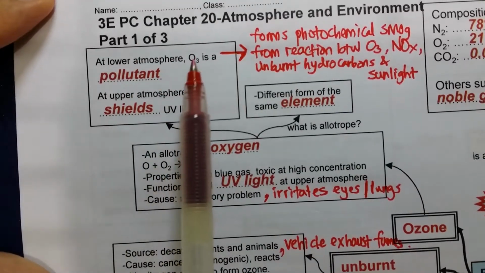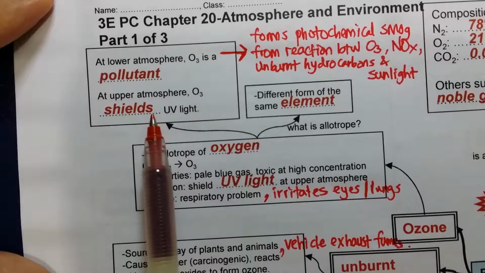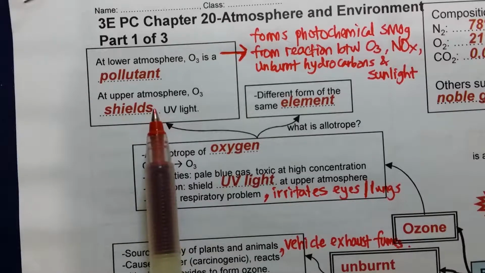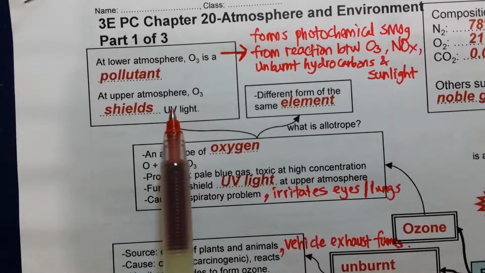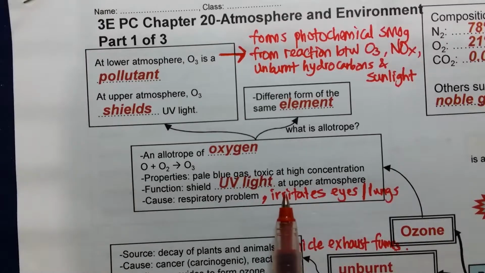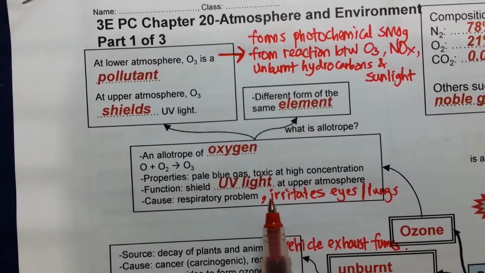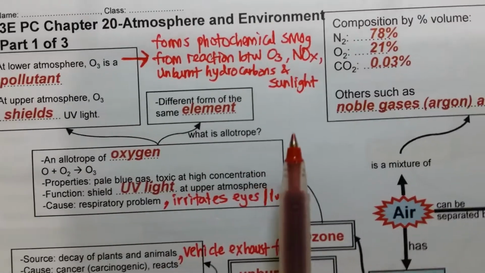Now, at the lower atmosphere, ozone is a pollutant, but at the upper atmosphere, it is not. In fact, it is useful to us, whereby it shields the UV light. UV light, or ultraviolet light, can cause skin cancer. High exposure of our skin to UV light can cause skin cancer.